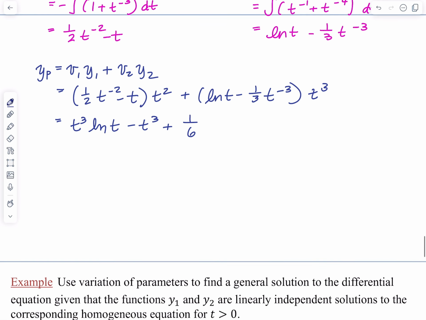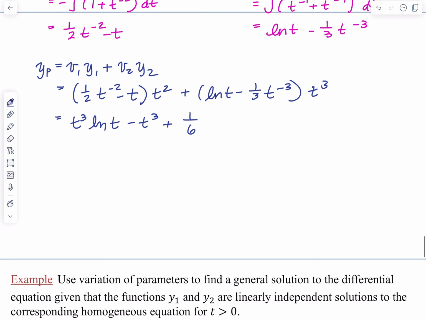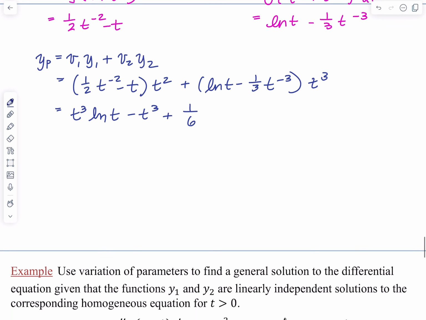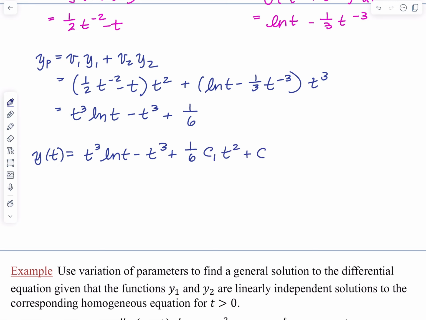Okay, so now we can come up with our general solution, and we have y of t is equal to t cubed natural log of t minus t cubed plus 1/6, c1 t squared plus c2 t cubed.